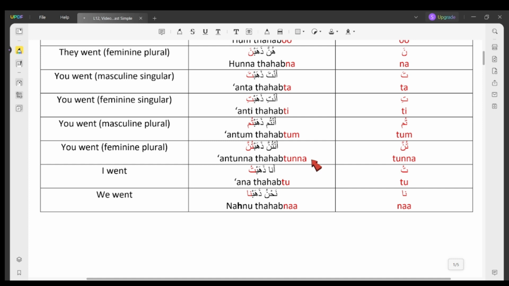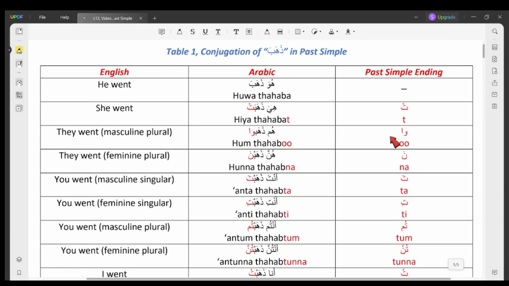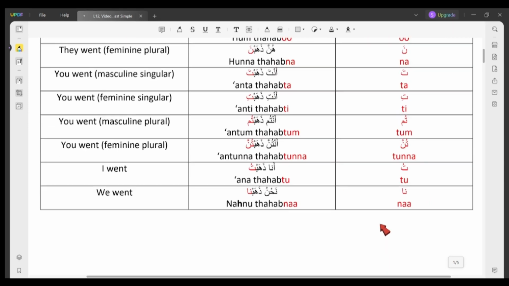I went. أنا ذهبت. And we went. نحن ذهبنا. So as you can see, the endings for the past tense verb are the exact same endings for laysa.